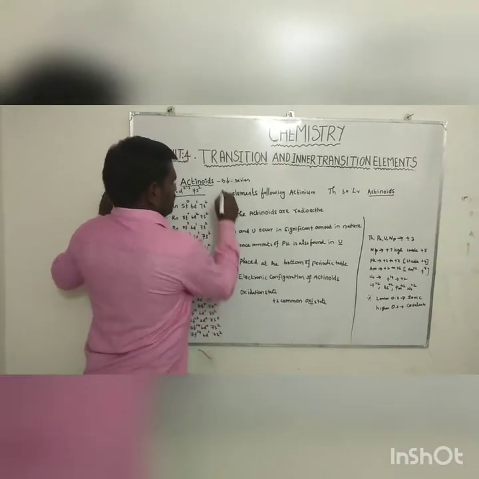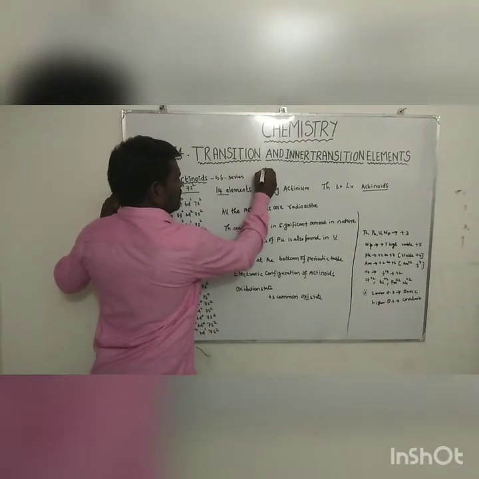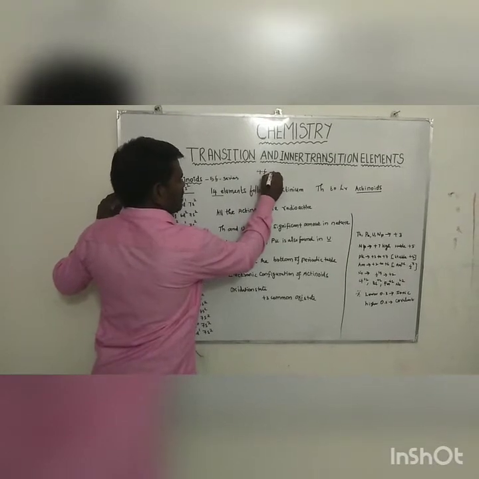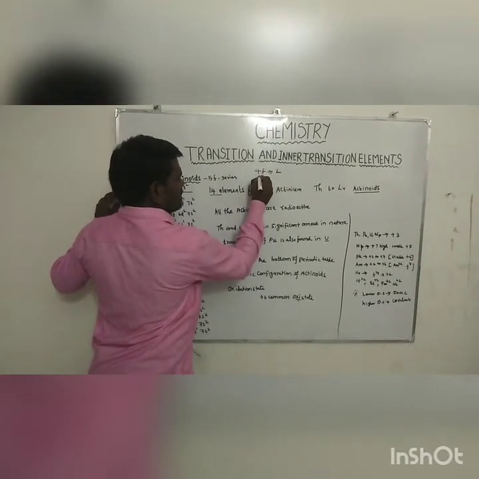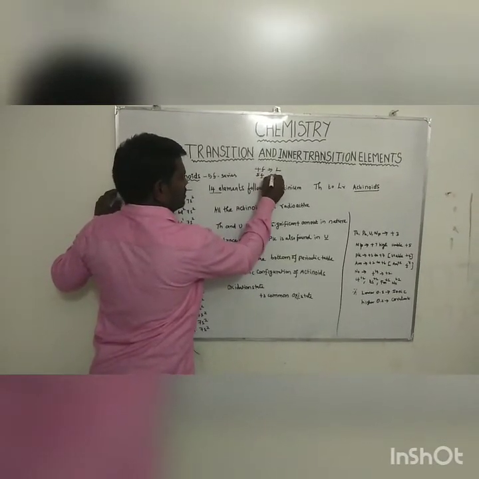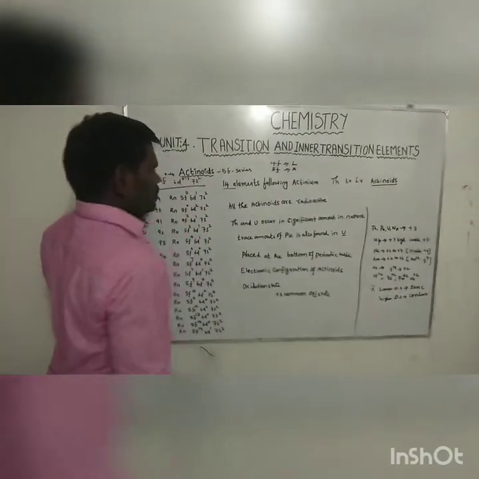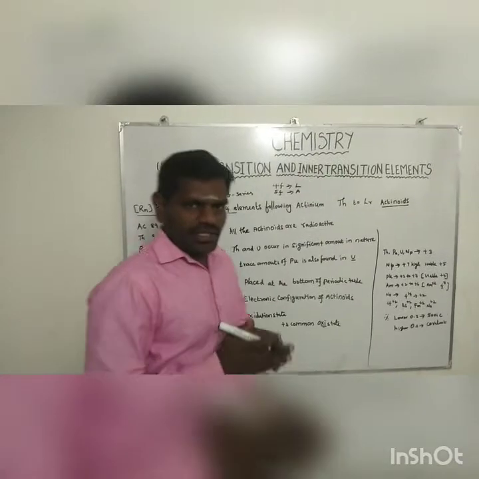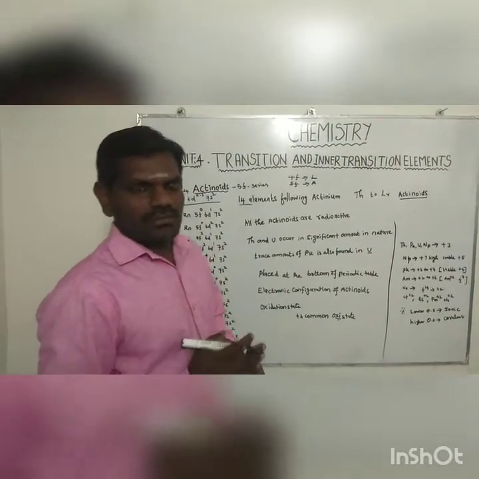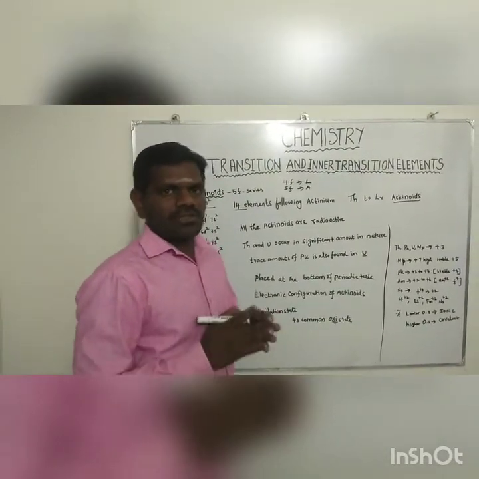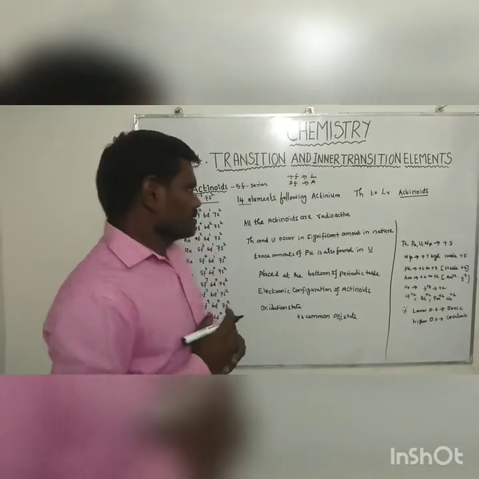We already know that 4f series elements are called lanthanides, and 5f series elements are called actinides. So from actinium to lawrencium, all the elements are called actinides.